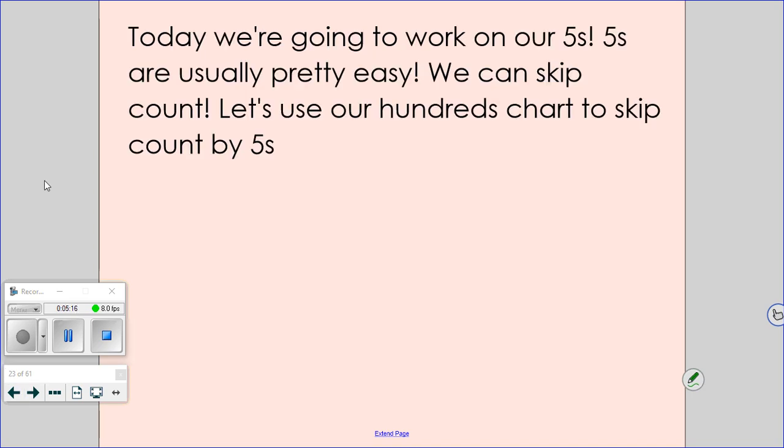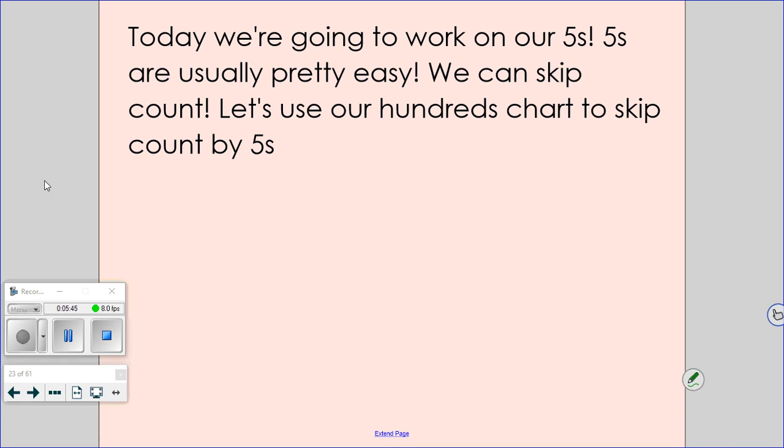Today we're going to work on our fives. Fives are usually pretty easy ones. So go ahead and move all of your counters towards your name. Awesome. I'm going to give you another hundreds chart. Just like we did yesterday, but instead of coloring in our 2s or our 4s, you're going to color in just our 5s with a yellow crayon.